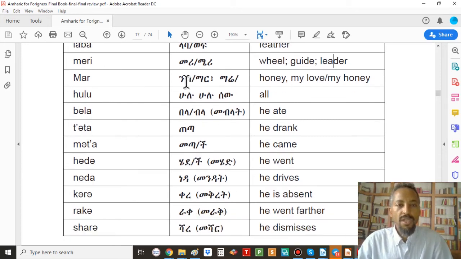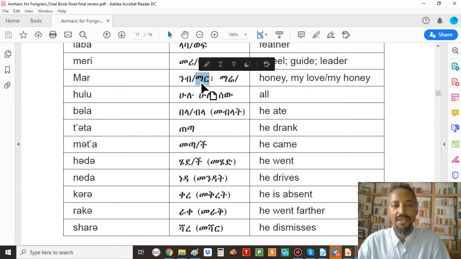The next one, nib. Nib is the insect that produces honey. Because nib and honey are like two sides of the coin, they are very much related. So it's good to learn the other two-sound word, mar.